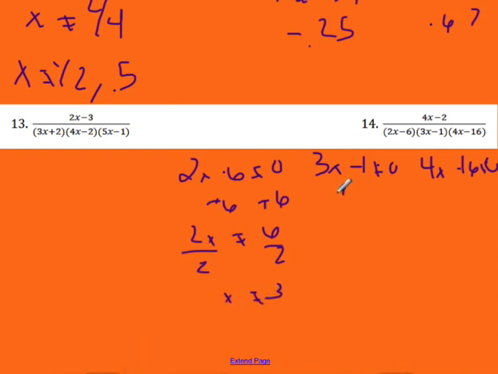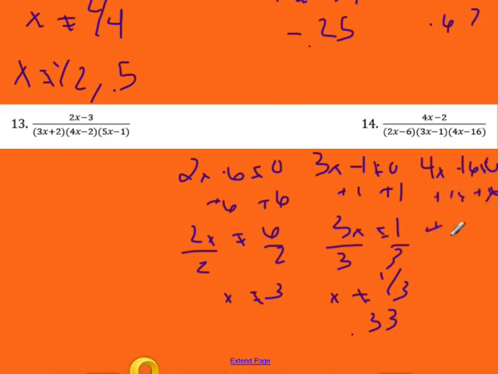Then, taking a look at this next one, add 1 to both sides, and I get 3x is not equal to 1. Divide both sides by 3, and I get that x is not equal to 1/3, which is the same as 0.33. Last but not least, add 16 to both sides, so I get 4x is not equal to 16. Divide them by 4, and I get that x is not equal to 4.